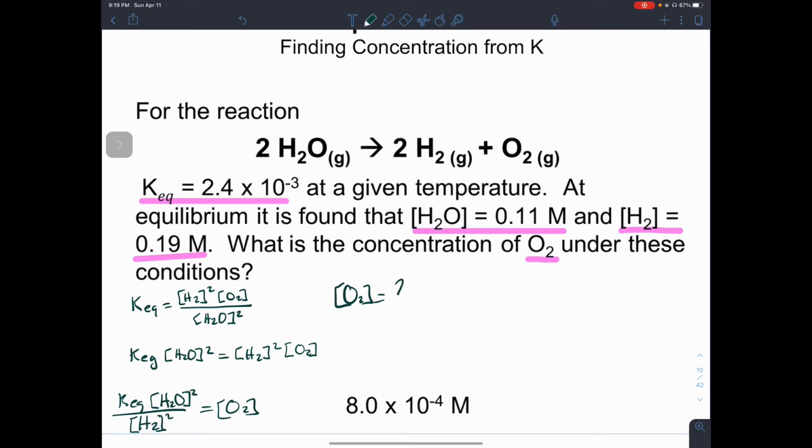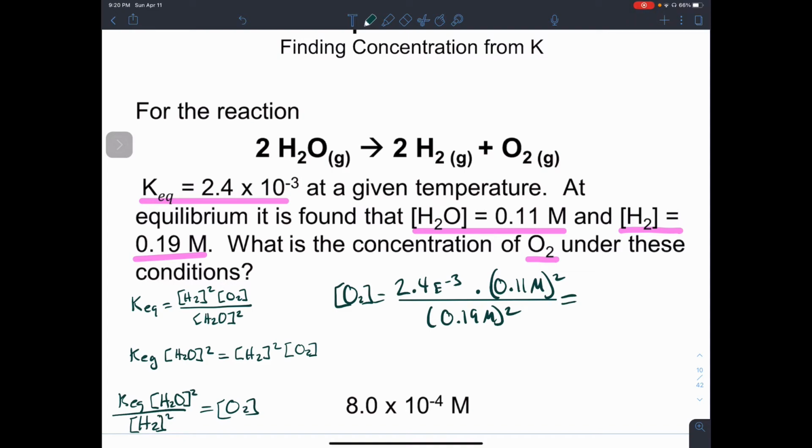My value for KEQ, my value for water, and remember that's squared. And also remember it really does have the units molarity because this is a concentration. Unlike KEQ, which does not have units, the constant here does not have units.